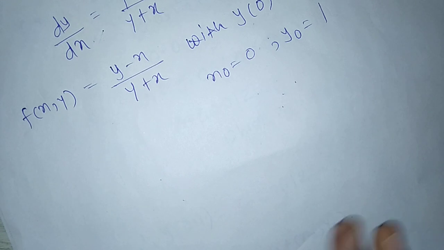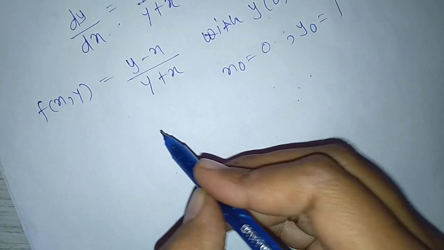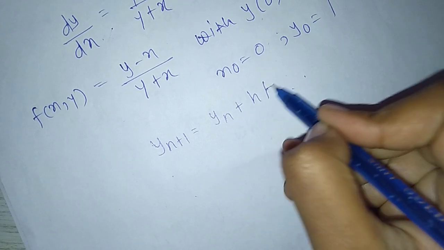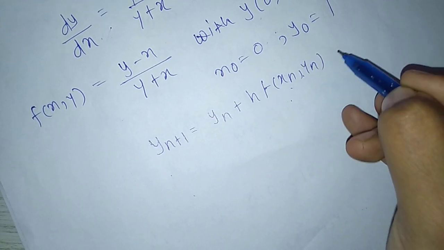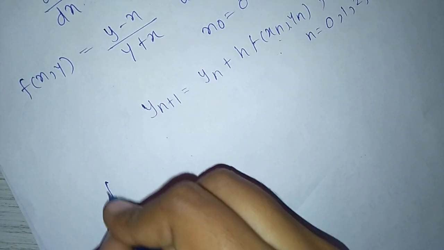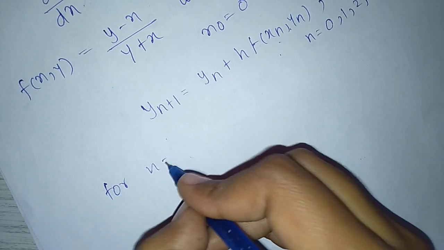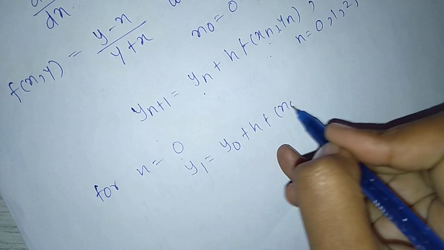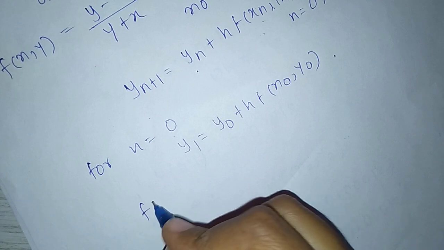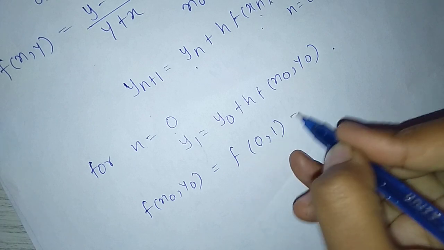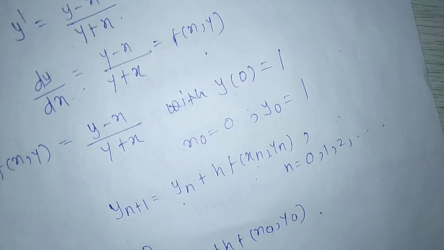And the general successive approximation of Euler's method is yn plus 1 equal to yn plus h into f of xn, yn, with n running from 0, 1, 2 and so on. For n equal to 0, y1 equal to y naught plus h into f of x naught, y naught, and f of x naught, y naught equal to f of 0, 1, since x naught is 0, y naught is 1.